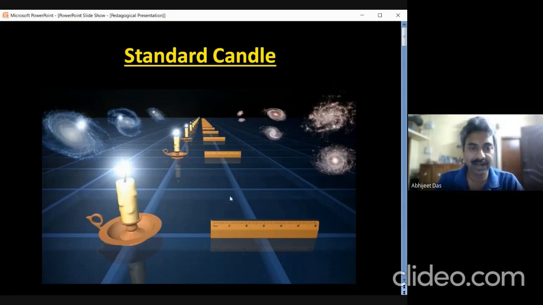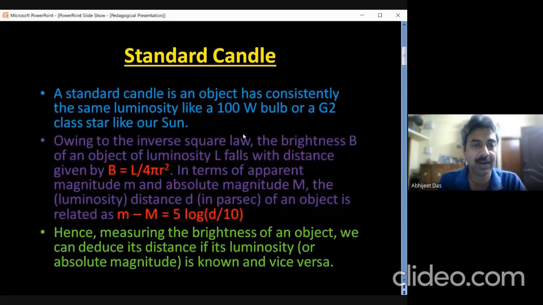A standard candle means an object whose luminosity is known. And the idea behind the standard candle method is that if a standard candle is taken a distance away, its illumination or luminosity decreases, and from the decrease in luminosity, we can measure how far the object is.